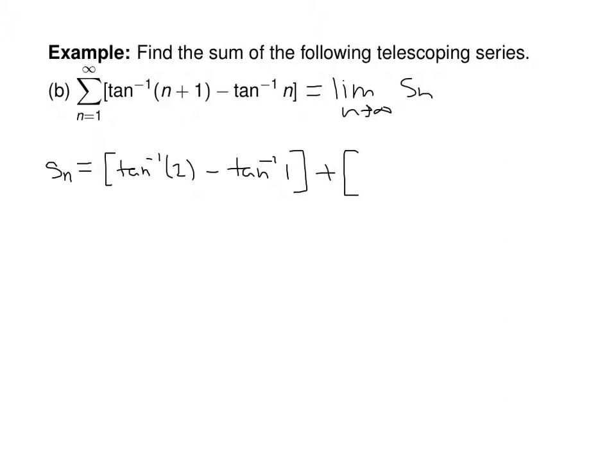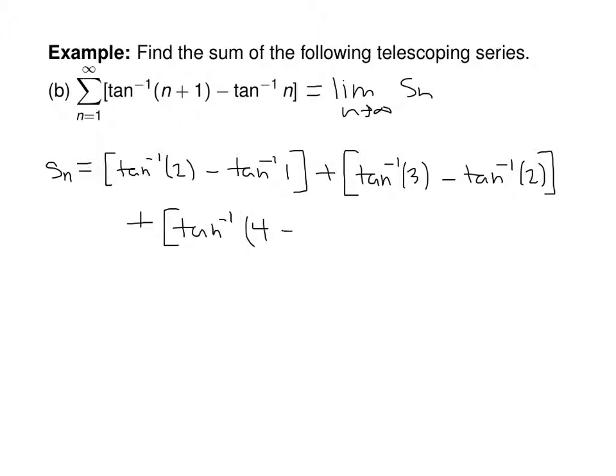When we plug in 2, we have inverse tangent of 3 minus inverse tangent of 2. I'll just plug in one more. We plug in the next one, plug in 3. We'll have inverse tangent of 4 minus inverse tangent of 3.